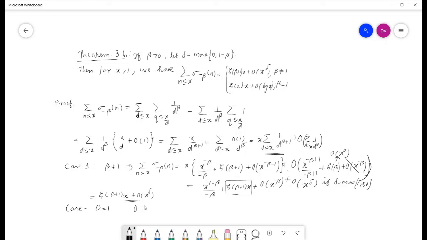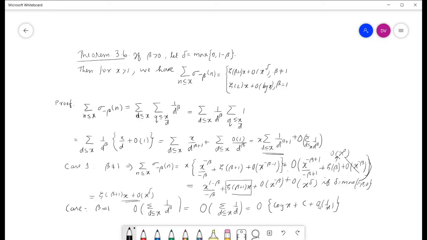That is O of the sum over d less than or equal to x of 1 by d raised to beta, and if beta is equal to 1, that will be equal to the sum over d less than or equal to x of 1 by d, and this is equal to log x plus c plus O of 1 by x.